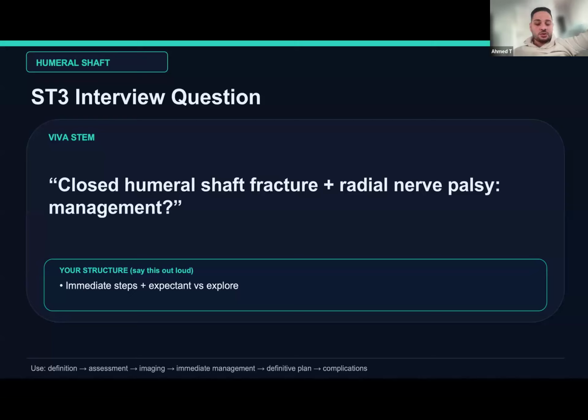However, if the patient presented with an intact radial nerve, and then when you put him in a brace or you manipulated or anything, he developed radial nerve symptoms, then you have to operate, because probably now the nerve is interposed in the fracture. I just wanted to make you aware about this because there's a bit of confusion here.